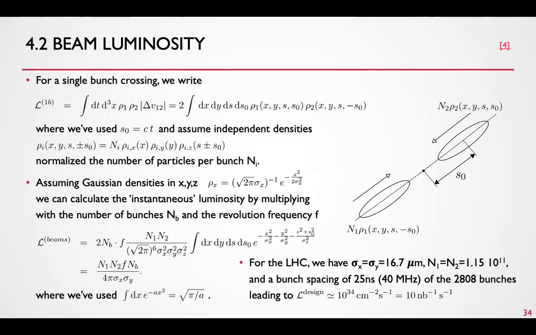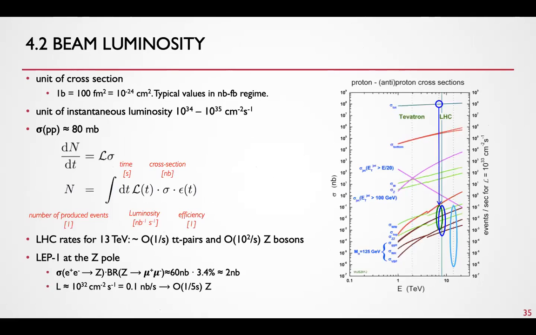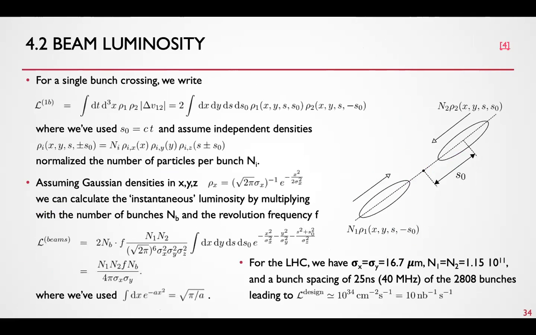Let's look at the beam luminosity. I told you I'm going to do the beam luminosity calculation next time. I have prepared it, but there are only 15 minutes left, and I do not want to stress you out with another calculation. This one is much simpler. You can do it by hand.